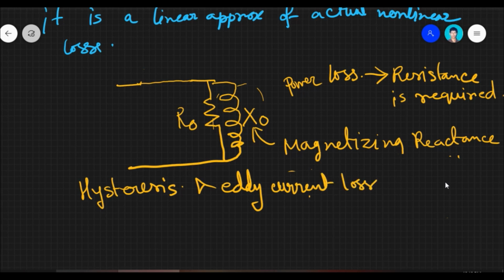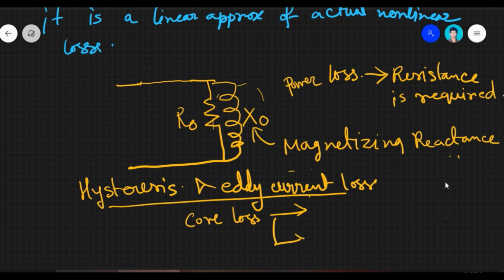Hysteresis and eddy current loss, also known as core loss, depends on two factors. One is voltage, another one is frequency.